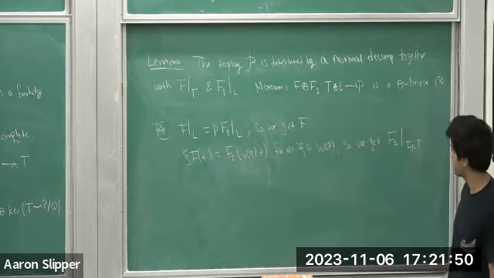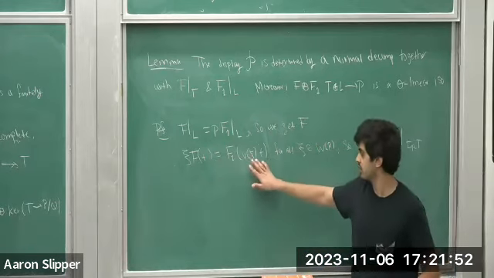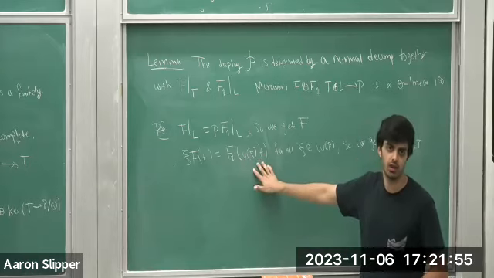I'm just saying, if you have an element like this and you apply F1, this is like a general element of I_R.